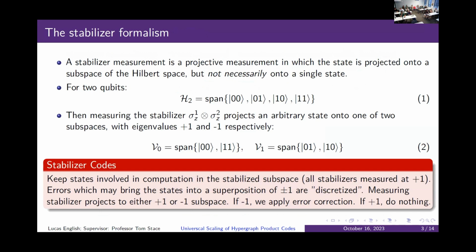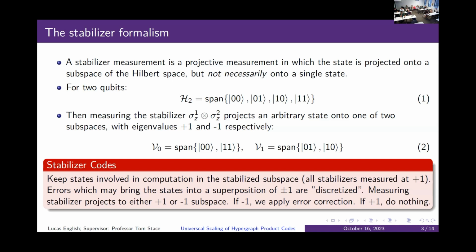For example, take the Hilbert space of 2 qubits. We have a stabilizer group that spans the whole Hilbert space, which is sigma z on qubit 1 tensor product with sigma z on qubit 2, and that projects an arbitrary state onto one of 2 subspaces in our Hilbert space, which is the span of |00> and |11>, and |01> and |10>.